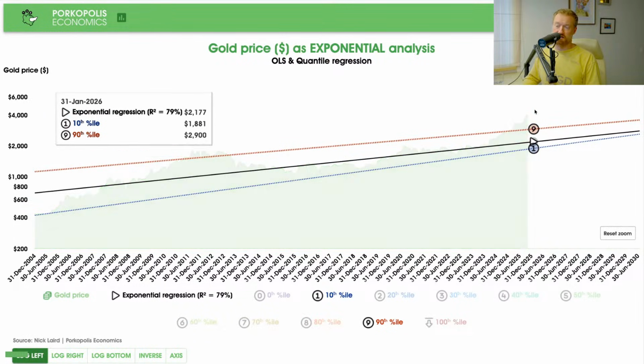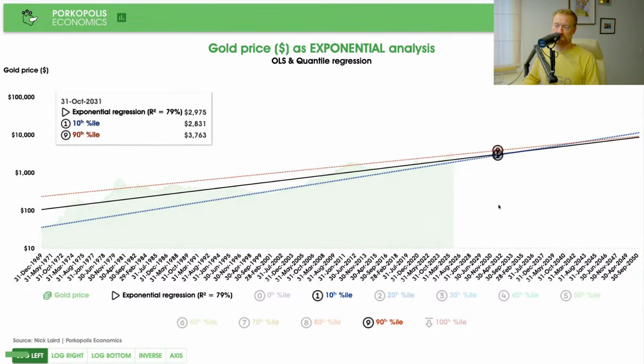Doesn't mean it can't go higher, but we're in extremely, extremely rare moves for gold. And all of these figures by the end of not just the decade, but 2050, Peter Schiff wouldn't be happy with this return over the next 20 years, 25 years.